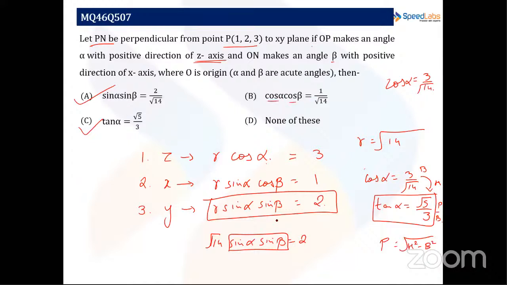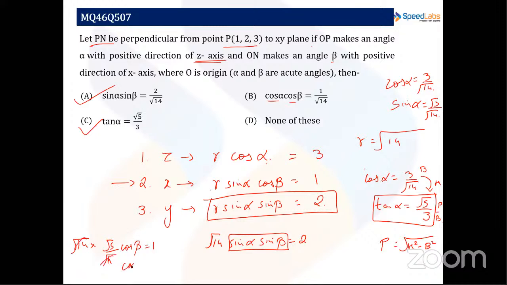Is there any easy trick you can do here? See, from cos alpha, you can find the value of sine alpha. Sine alpha will be root 5 by root 14. So from the equation of x-axis, we have root 14 into sine alpha, which is root 5 by root 14, into cos beta, equals 1.